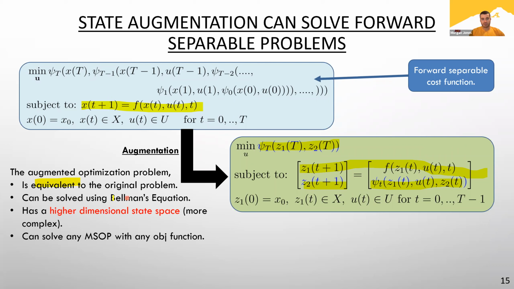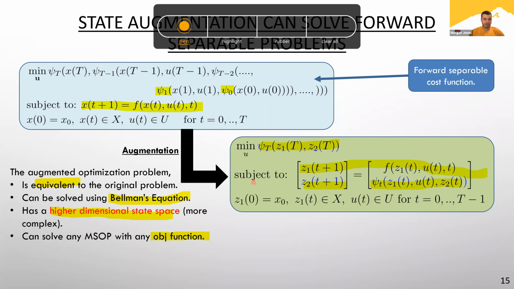The augmented problem can be solved using classical dynamic programming theory by just solving Bellman's equation. The problem is the augmented problem now has a higher dimensional state space, which means it's computationally more challenging to solve Bellman's equation. And we also showed that we can actually do this augmentation trick for any objective function, but this involves naively choosing the psi maps in a way that the state space would grow with respect to time, which is bad.